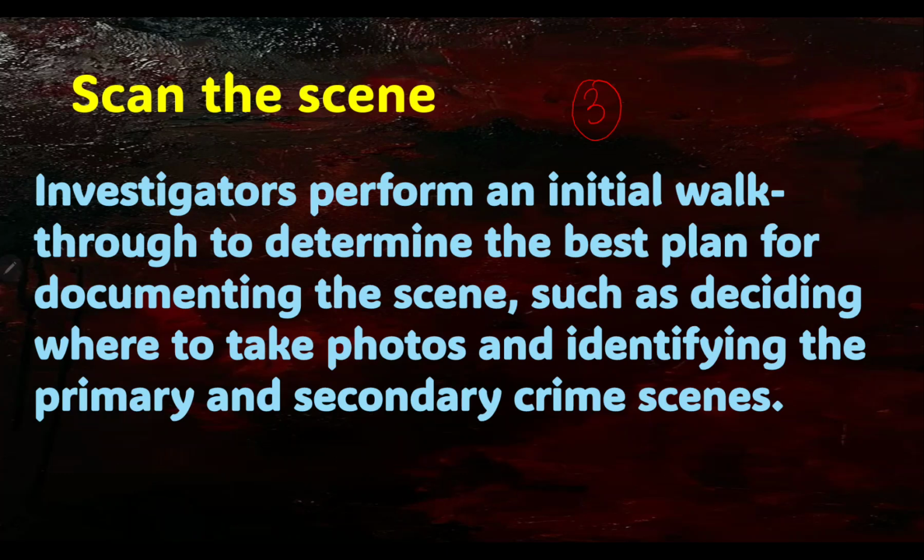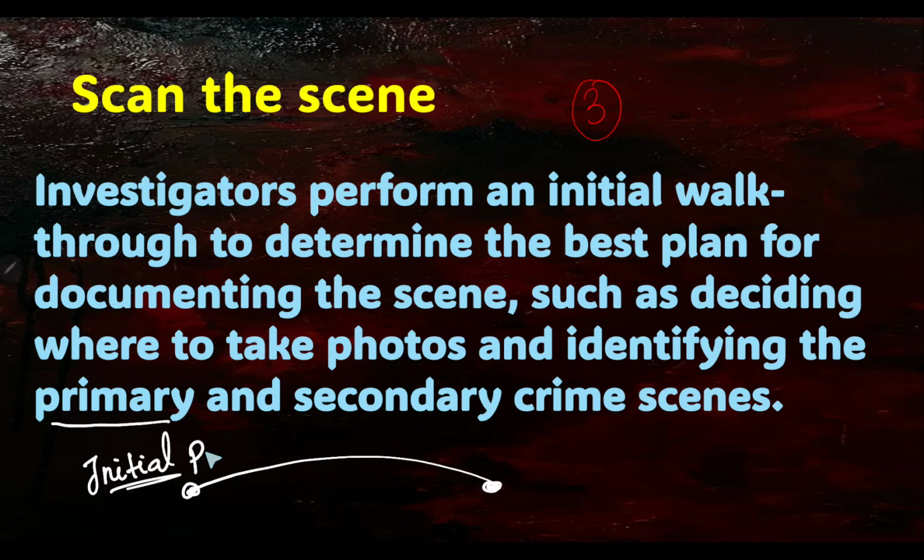So what do we mean by primary and secondary crime scenes? We have already discussed this. The primary crime scene is the place where the initial crime took place. And if the crime has been moved from one place to another, then this becomes the primary crime scene area and this becomes the secondary crime scene area.